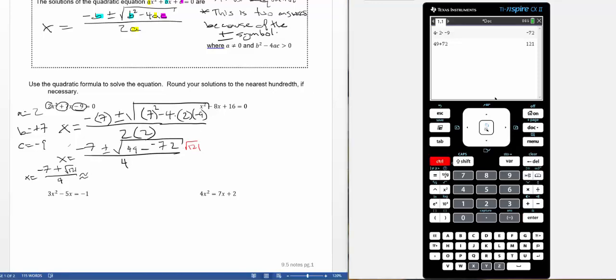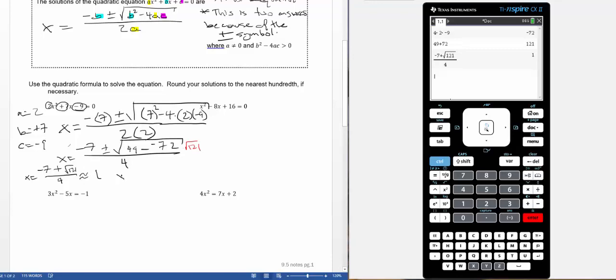So I'll use my calculator: fraction, minus 7 plus the square root of 121, divided by 4. And that's a whole number. What do you know? That's 1. It makes sense because the square root of 121 is the whole number 11. So negative 7 plus 11 is 4.